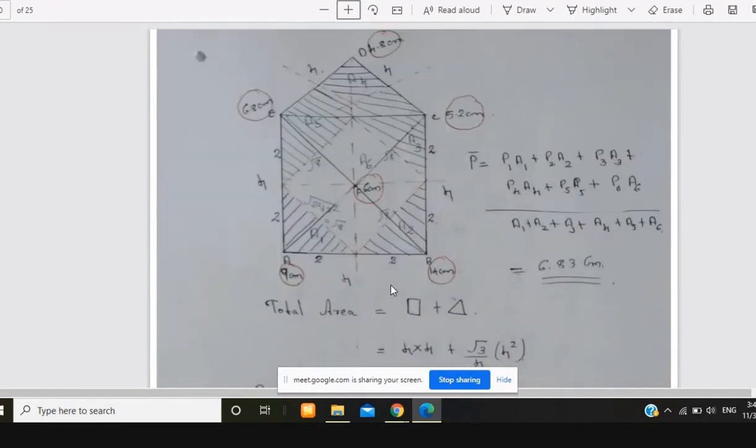Next we have to find out the area which is influencing the stations E and C. So this one is the area, a small section within this square area and a section in the equilateral side. So this value is 2 kilometer square, similar to A1.